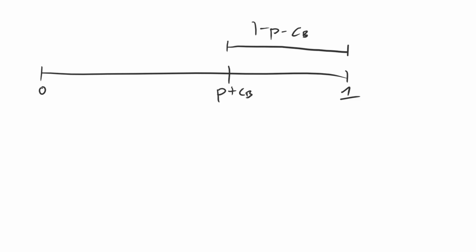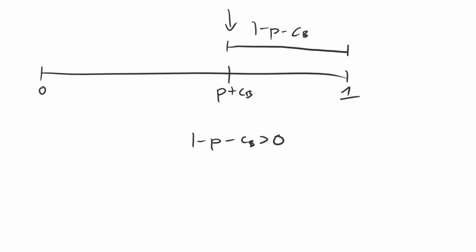Implicitly, as we were doing this, we assumed that B had a positive war payoff. In other words, 1 minus P minus CB was greater than 0. That meant that the equilibrium demand being made of P plus CB is falling strictly inside that 0 to 1 interval. It is on the interior.